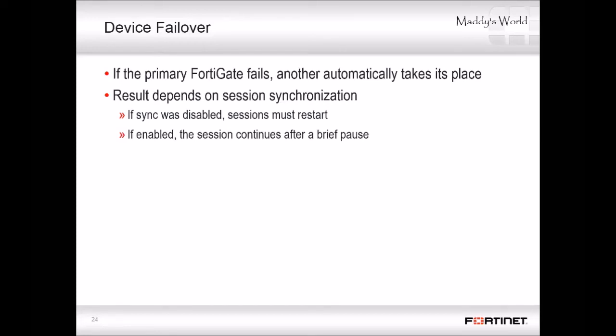So if someone was in the middle of downloading a file, the transmission would halt. If session synchronization is enabled, the download would momentarily pause while the failover happened and then continue normally. When you notice this kind of failure, you should replace the failed FortiGate as soon as possible.